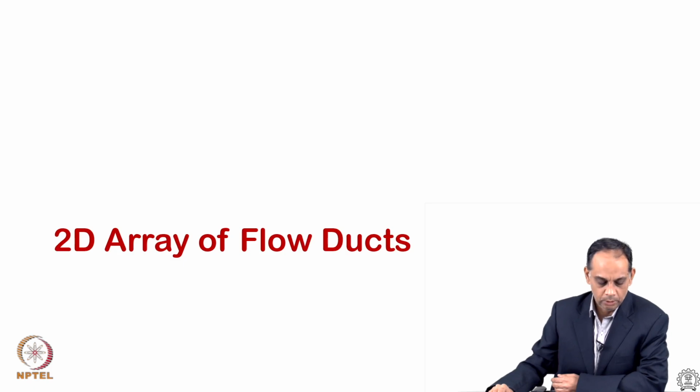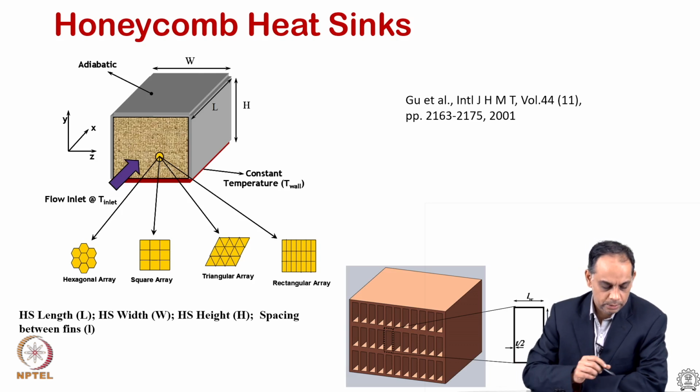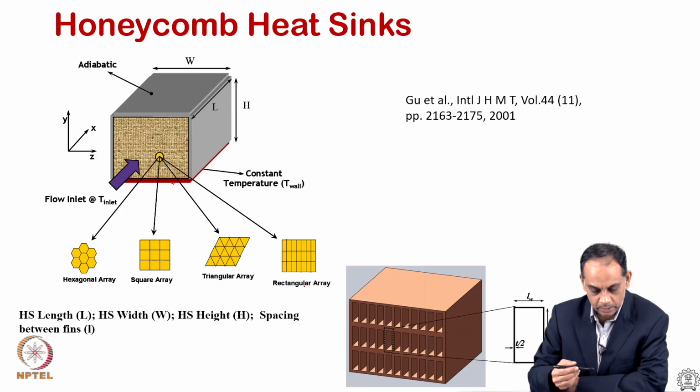Let us first look at a 2D array of flow ducts, and as we see here, these are the various embodiments or ideas that one can encounter. You have a heat sink where there is a heater at the bottom, and the heat sink can be filled with a hexagonal array of fins, or square, triangular, or rectangular array.